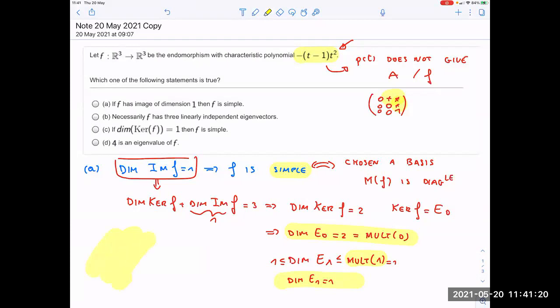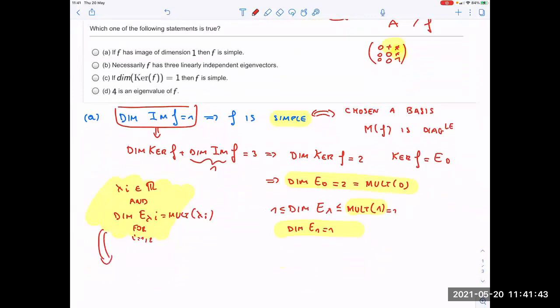So what we saw here is that the eigenvalues are in R, and the dimension of E lambda i is equal to the multiplicity of lambda i for i equal 1 and 2. And this is what it means to be simple. So F is simple. Okay, so the first option is true.